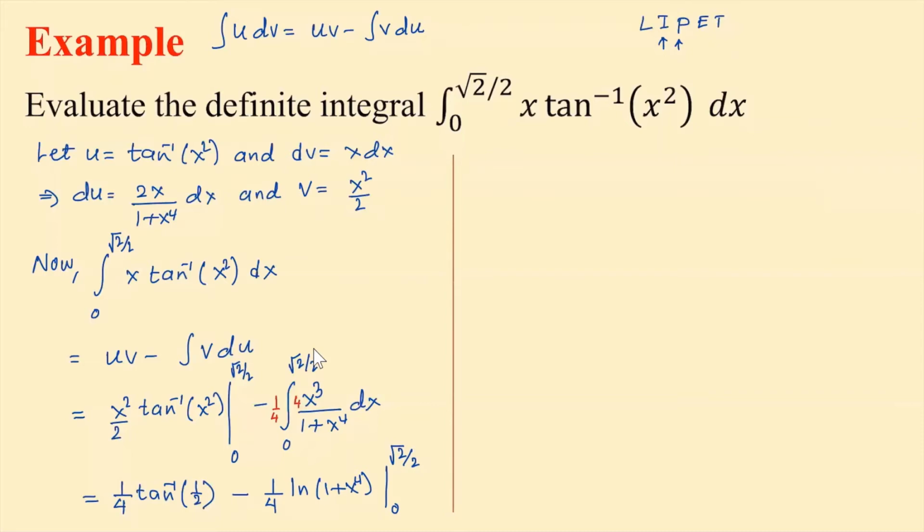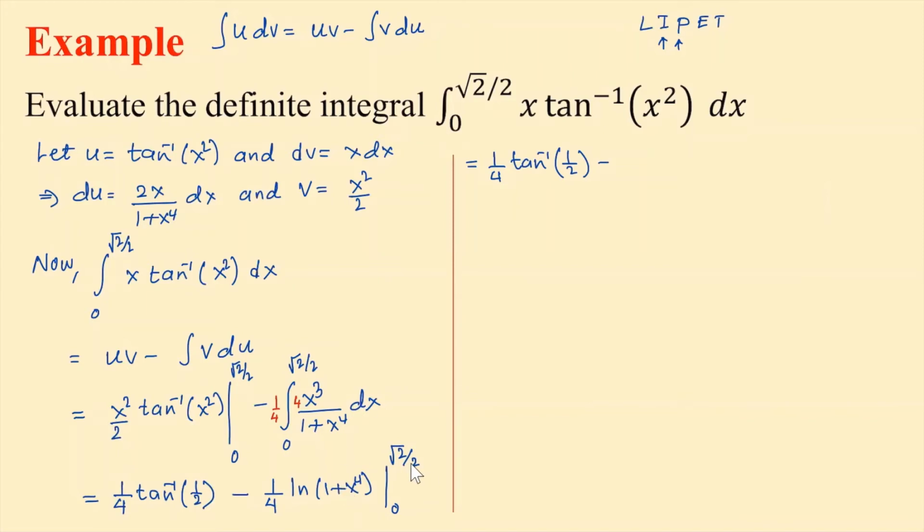Let's simplify this. Our first term here is 1/4 tangent inverse half, and then minus. Now we need to evaluate this one using the fundamental theorem of calculus. We plug in the upper limit, simplify, subtract, plug in the lower limit, and simplify.